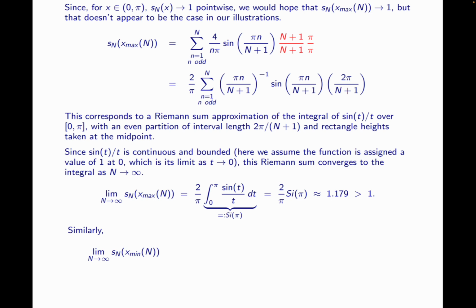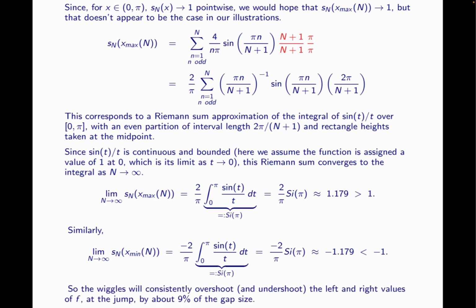And similarly, when we look at the minimum value, we get negative 2 over pi times the sine integral function. So we get negative about 1.179. And you'll have to take my word that that number is, in fact, less than negative 1.